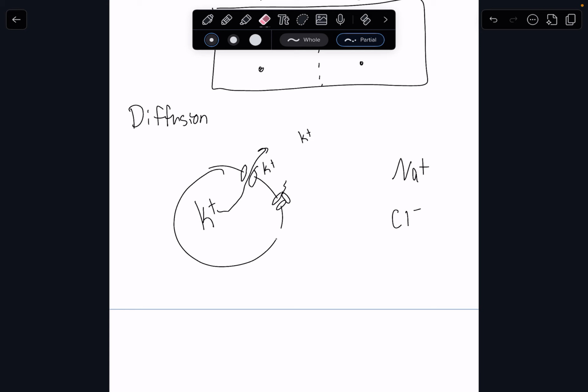There's also, I'm just going to draw them like this actually, specific signal molecules or gates where you need a specific, I'm just going to draw something like that, where something needs to bind to this gate for it to open. And then there's other ones that are called mechanically gated channels, where there's a stimulus such as stretching, compression on the membrane, whatever it is. And I'm going to draw something like that too.